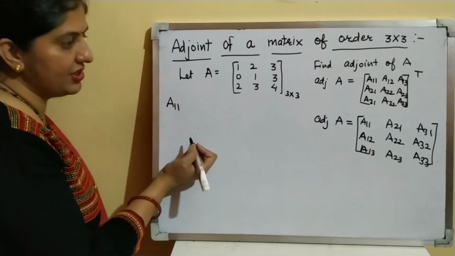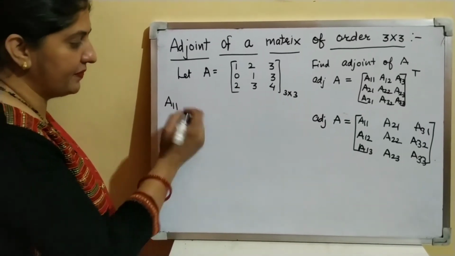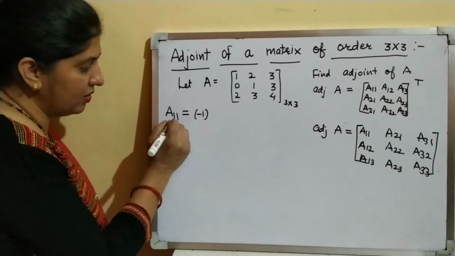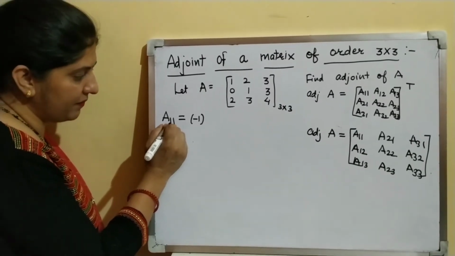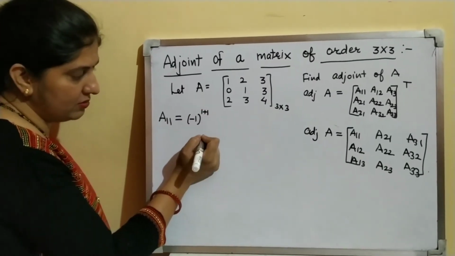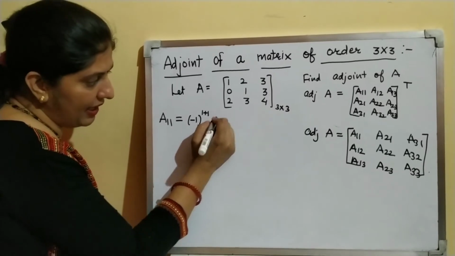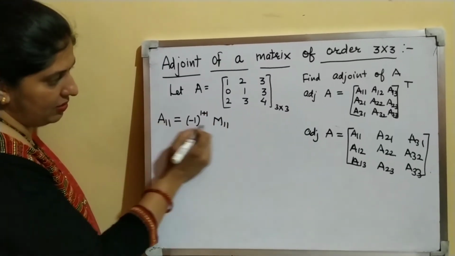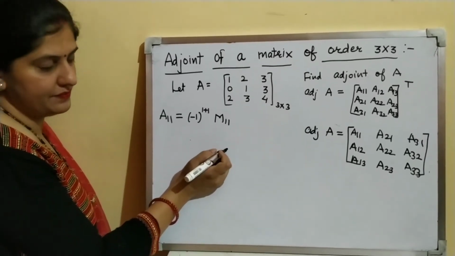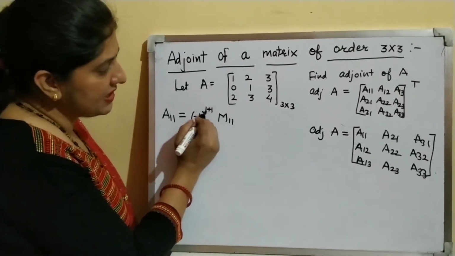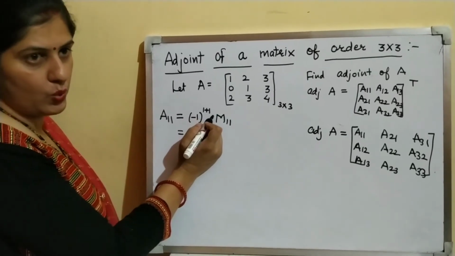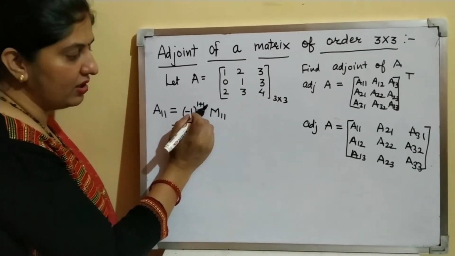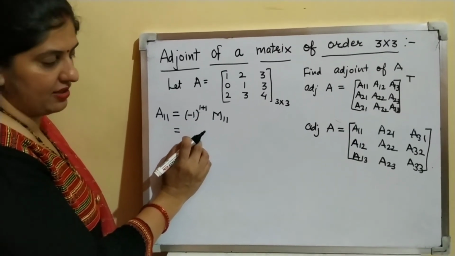First, I am calculating capital A11. Capital A11 is equal to minus 1 to the power of the sum of the suffixes, 1 plus 1, multiplied by the minor of the same element, capital M11. Now see here, the sum of the suffixes 1 plus 1 is 2. 2 is even. If the sum is even, then we take a positive sign.